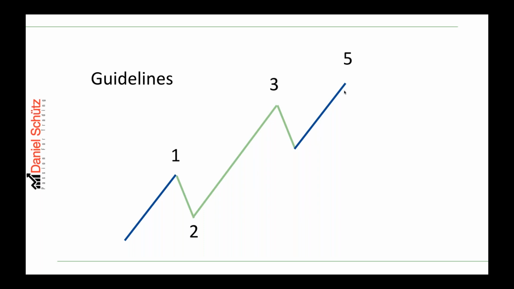Personally, however, I do not trade the wave 5. It often happens that the wave 5 fails, so the wave 5 doesn't come up to the high over here. It can be a complex wave, the wave number 5.